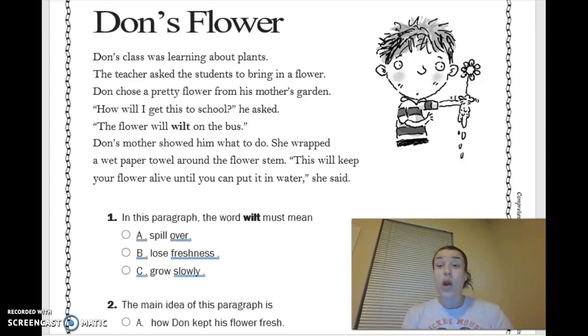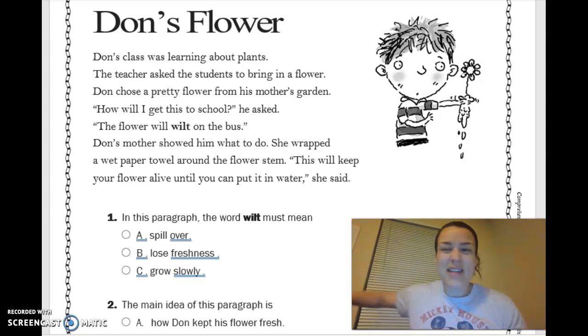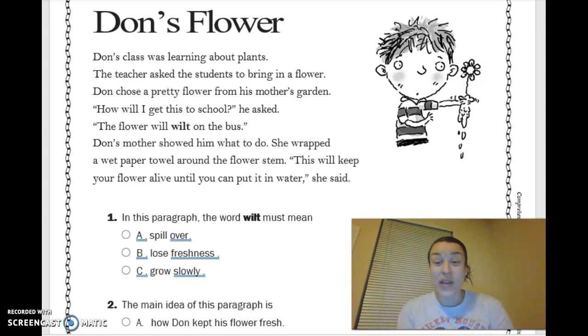So, let's start with question number 1. In this paragraph, the word wilt must mean A, spill over, so knock over, B, lose freshness, or C, grow slowly. So remember, we looked at that flower and we thought maybe it doesn't look as bright as it always does.